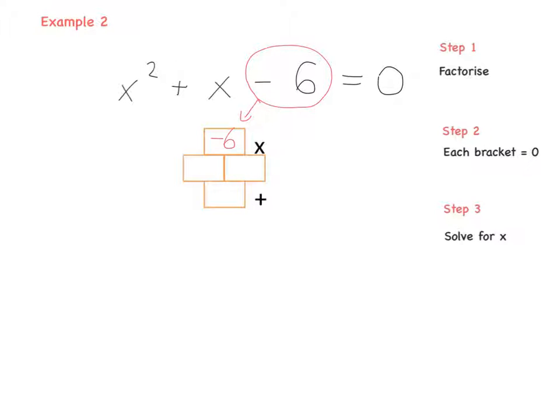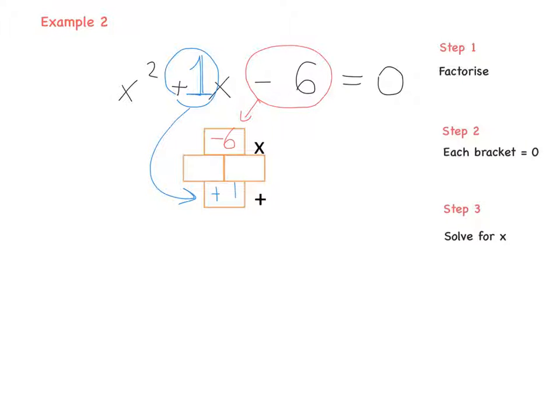We don't have anything in here, that means we have 1, okay? So 1 plus 1 goes straight in here. And now we need to look for two numbers. When we multiply these numbers, we'll get minus 6, but when we add these two numbers, we have plus 1.